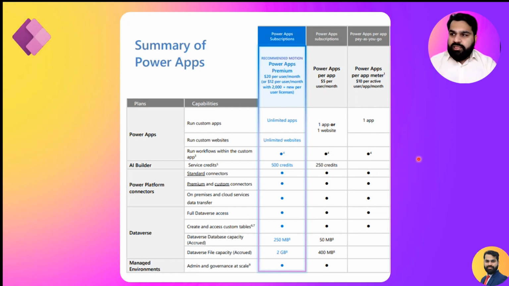Now, the reason behind talking about premium connectors and standard connectors is because the whole game of licensing is dependent on this as well. How? When we talk about Power Apps licensing, whether a Power App is a standard Power App or a premium Power App is decided based on the connectors which are being used in that application.